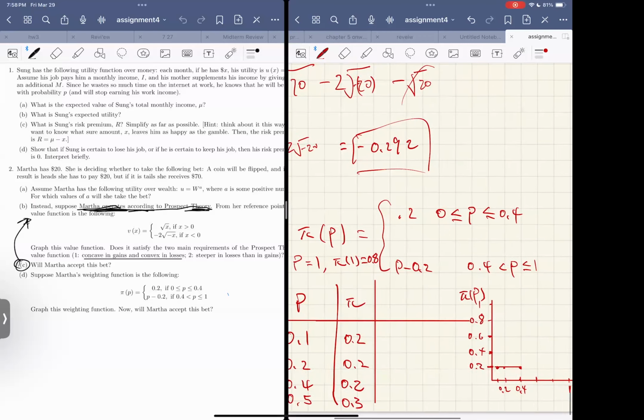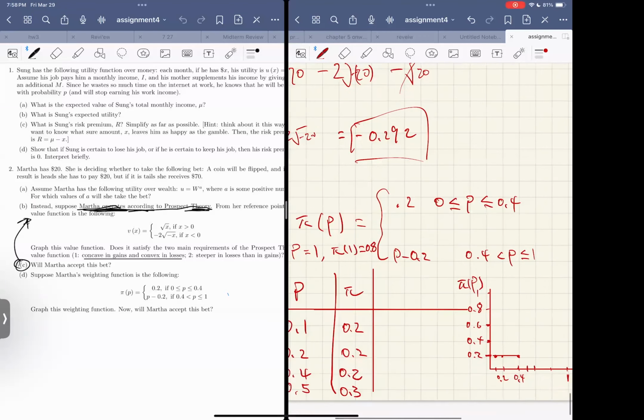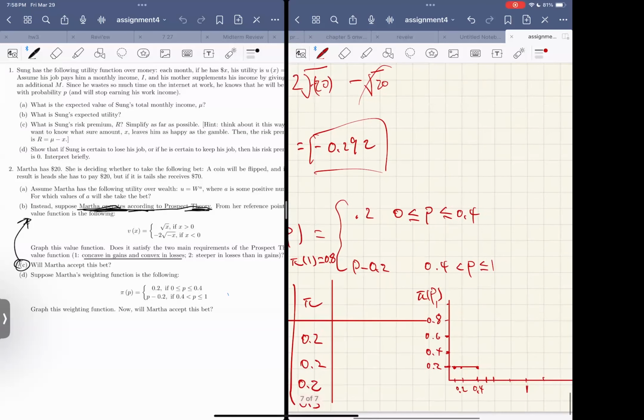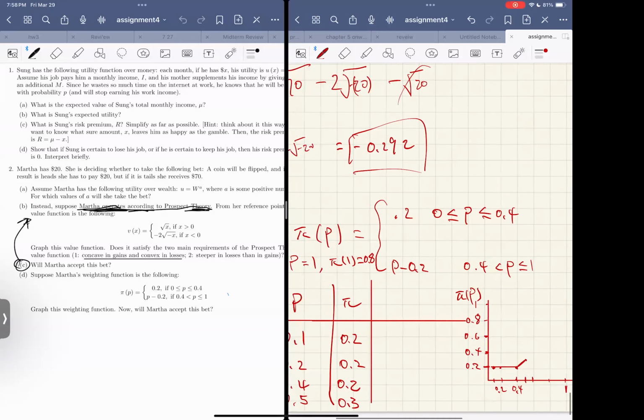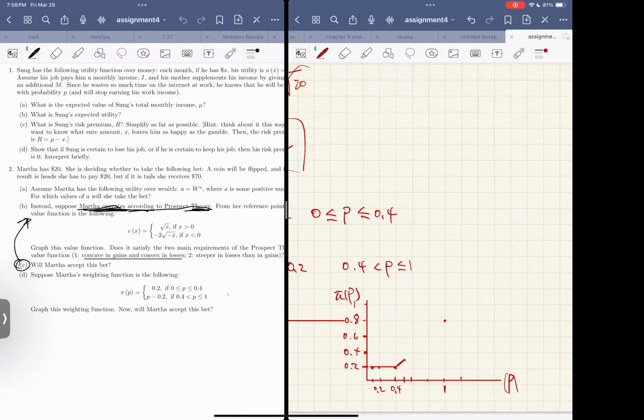If p equals 0.5, you get 0.3. Just connect them. And then if you have 1, you get 0.8. Okay, that's it. That's your weight. So this red line is your weight. If you have a 1-to-1 weight, then you have this blue line.